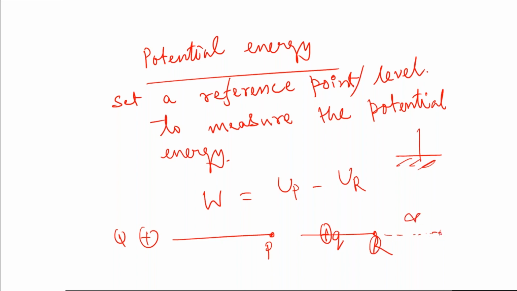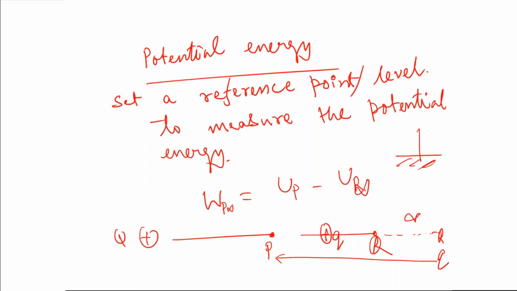That means this r we have to shift to infinity. So if we bring a positive charge Q, or unit positive charge, from infinity to this point P, the work we have to do is actually called the potential energy at this particular point P.